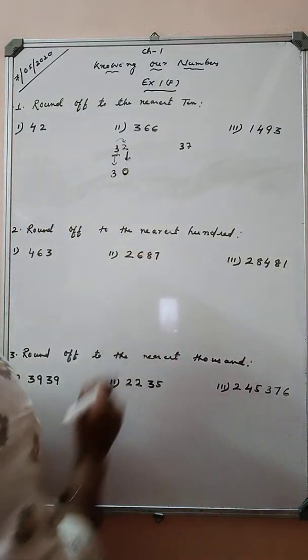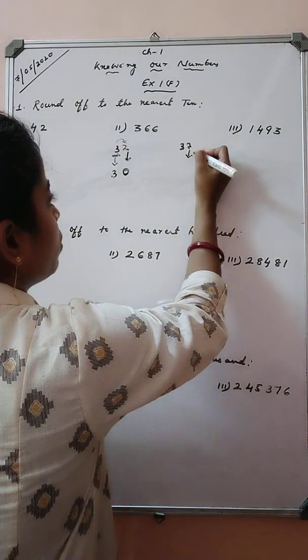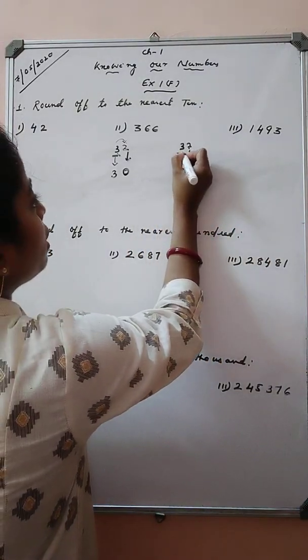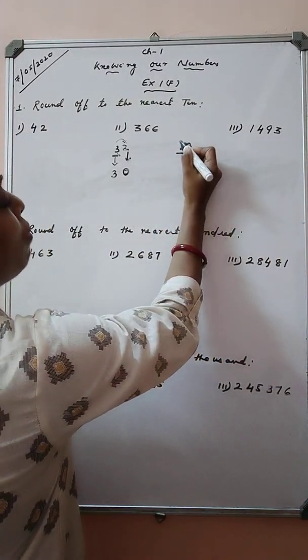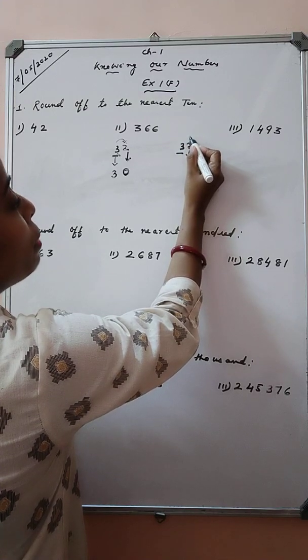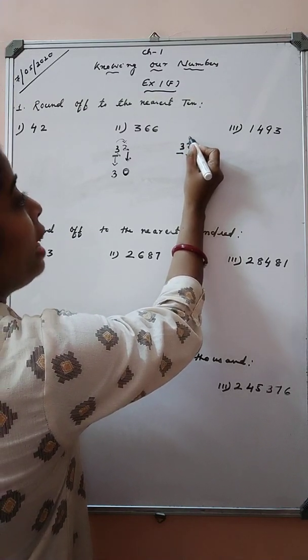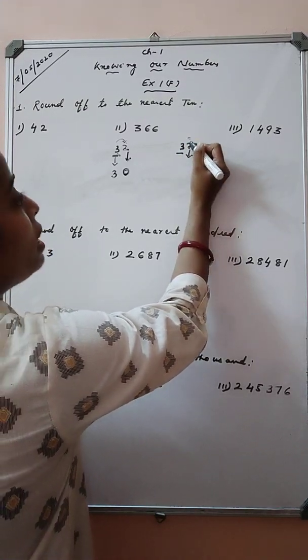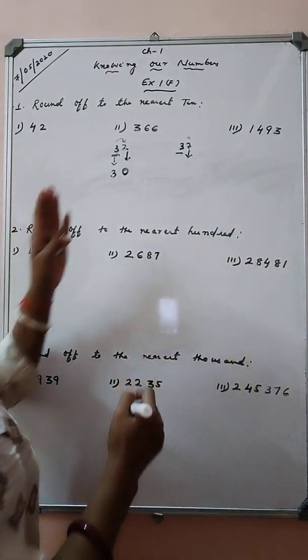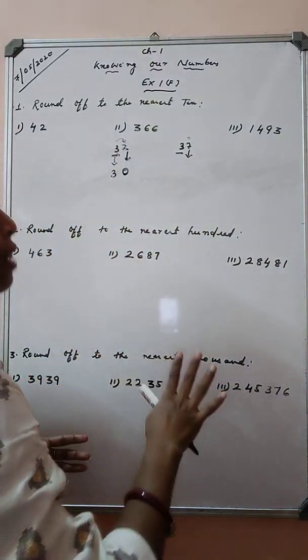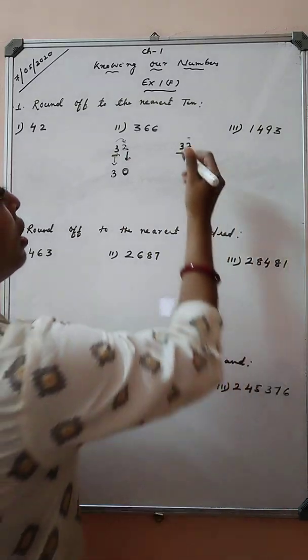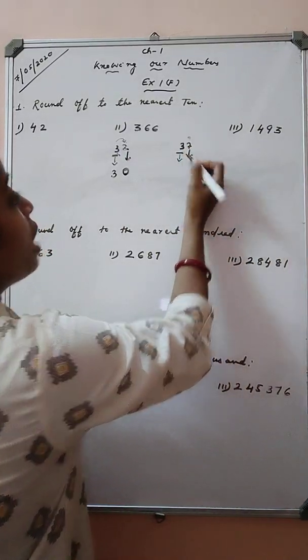Now let's see 37. So our rounding place is this. According to the rule, we have to see the previous digit, the digit at ones place. Our digit at ones place is 7. If it is 5 or more than 5, then we have to round this number up.